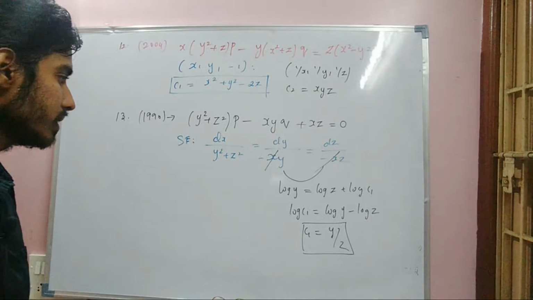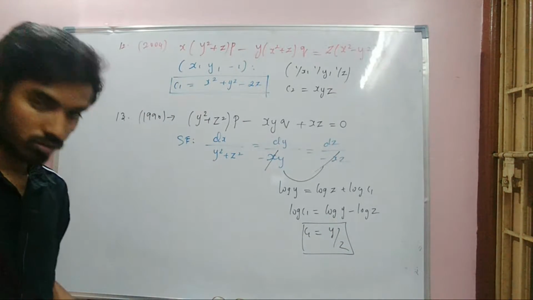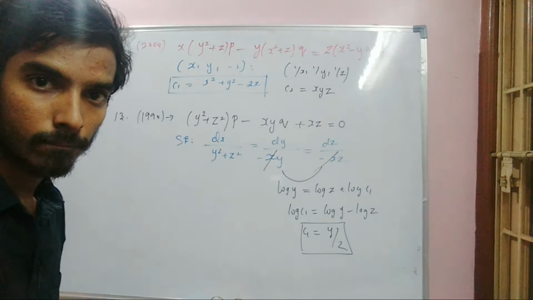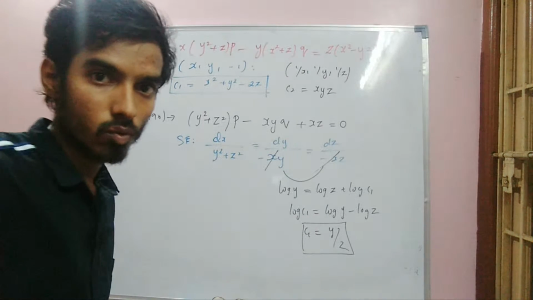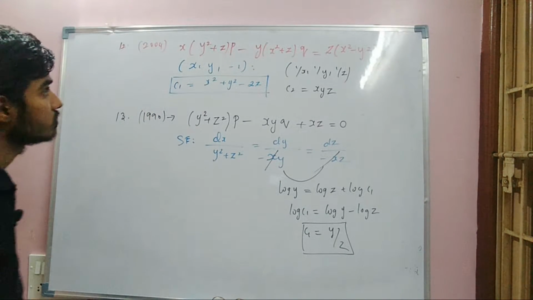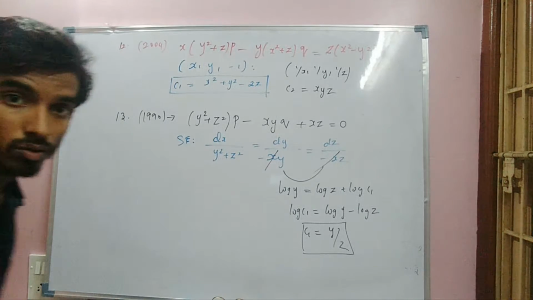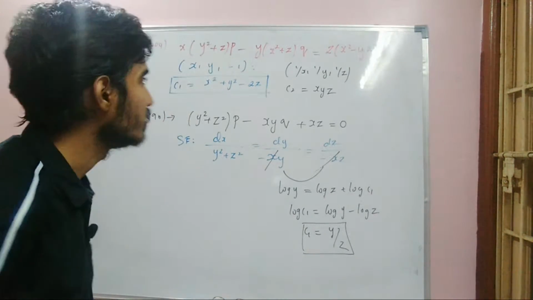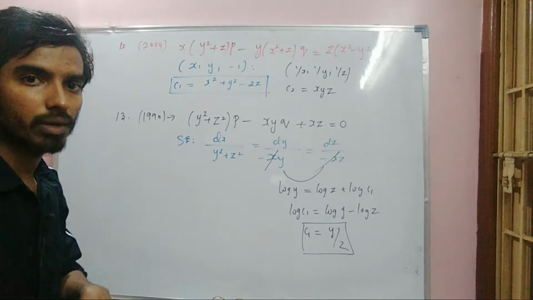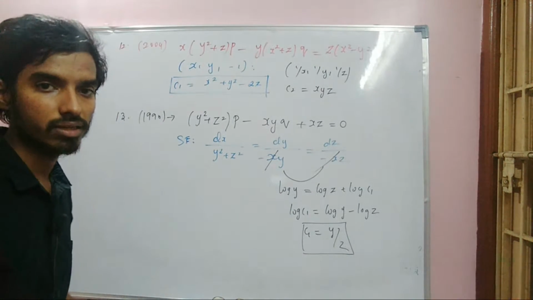Now you find one multiplier. One by x, 1 by z. If you choose second multiplier as 1 by x, how do you integrate with respect to y?